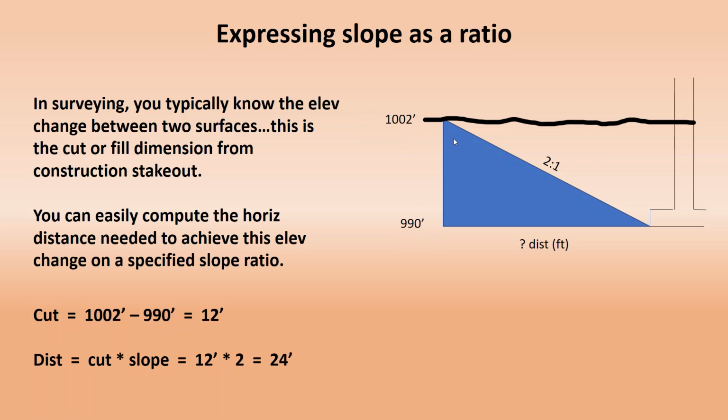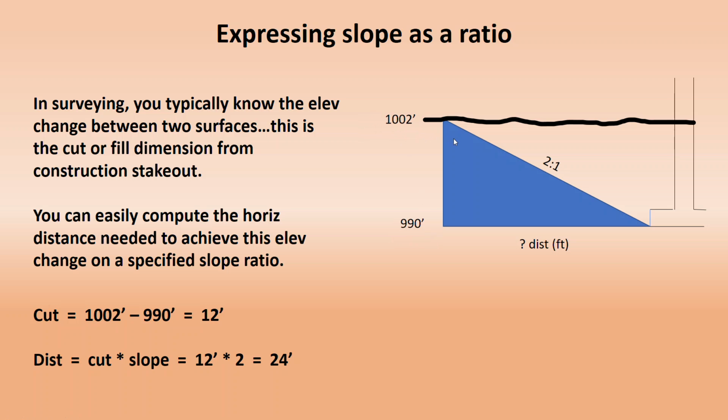That's a cut dimension. So if our soil type requires us to lay that slope back at a 2 to 1, to avoid cave-ins or unstable conditions, what's the horizontal distance required to achieve a 12-foot depth at a 2-to-1 slope?